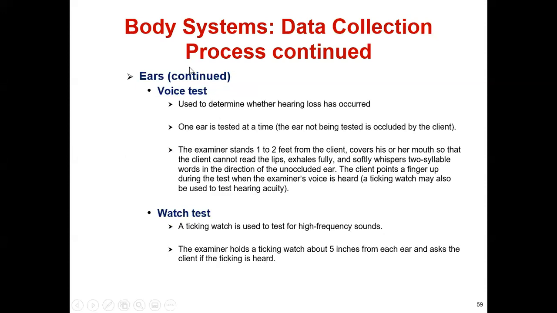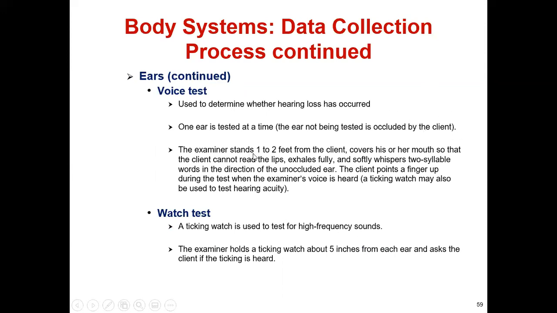Now go for the voice test. The voice test is used to determine whether hearing loss has occurred or not. One ear is tested at a time, and the ear not being tested is occluded by the client.